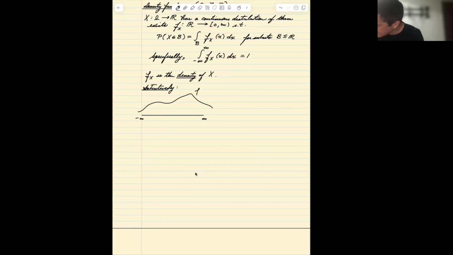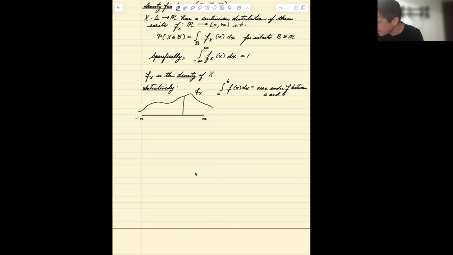And let's call this f of x, right? Well, the integral from a to b of f is the area under f between a and b.